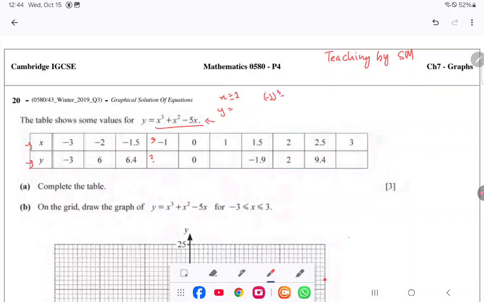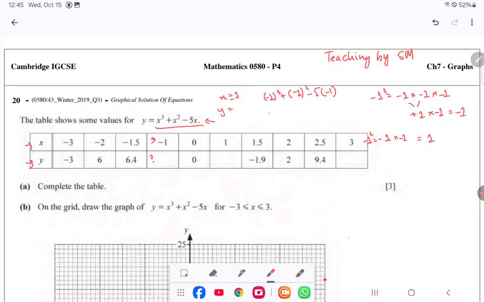-1 cube plus -1 square minus 5 times negative 1. So -1 cube is equals to -1 into -1 into -1, negative negative is +1 and then into -1 it will give you -1, and -1 into -1, -1 square is equals to positive of 1.